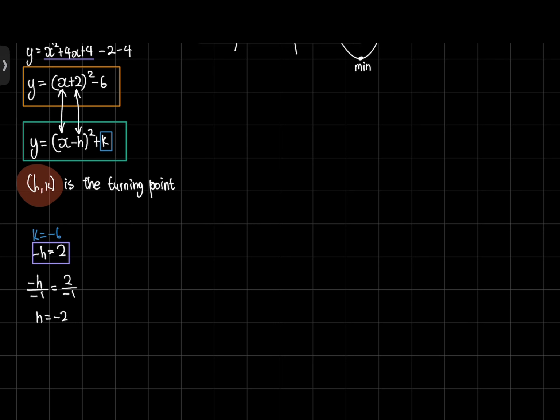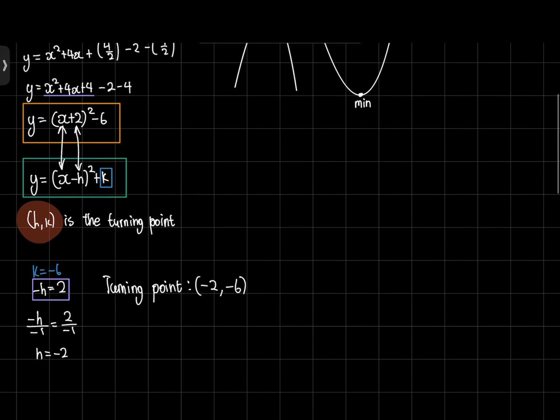So I can say that h comma k is the turning point. So h is negative 2 and k is negative 6. So that is going to be our turning point.